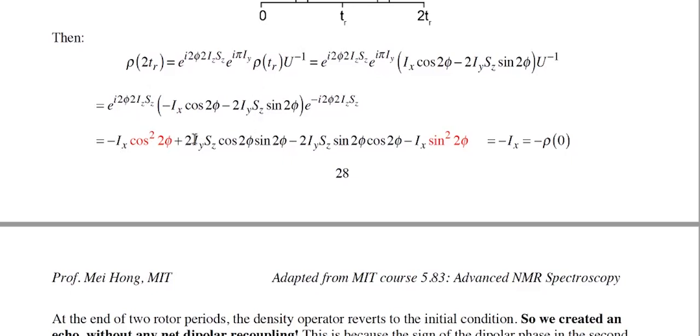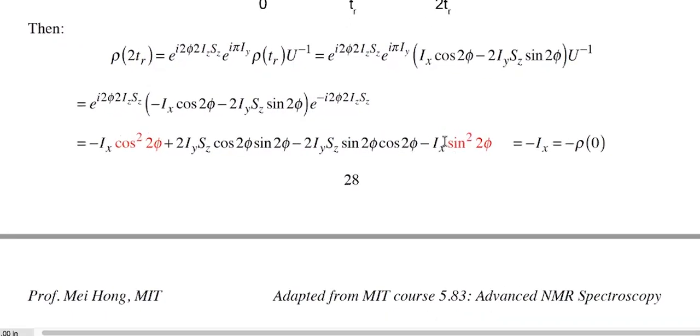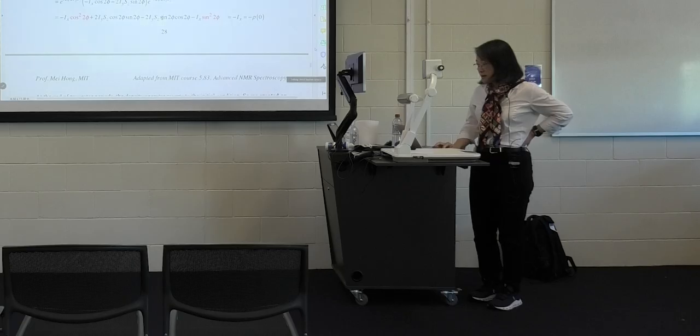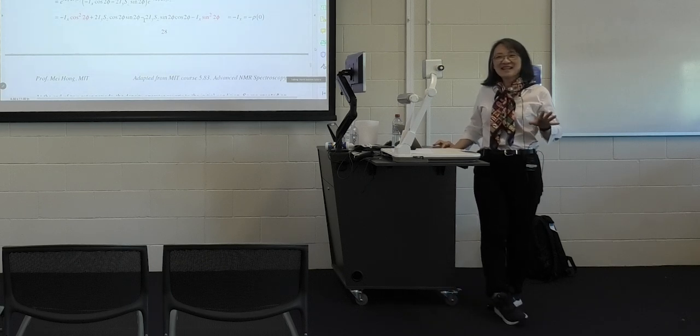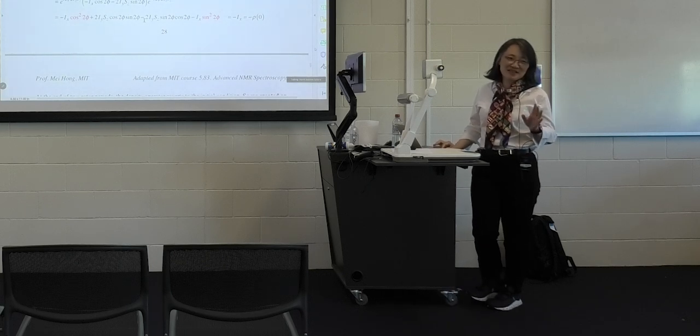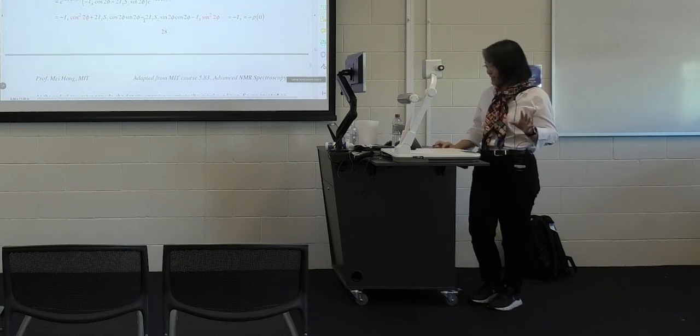The original IySz will acquire a cosine term, but then it's also going to evolve under the influence of IzSz into something like Ix. I think I'll leave this part to you to prove to yourself, to your satisfaction. The important thing is to pay attention to the sign. The sign is very important here.